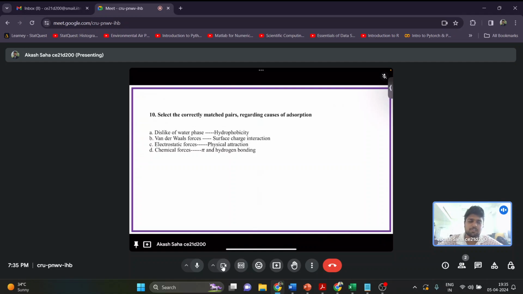So these are my four types of options given. So we have to see whether it is correctly matched or not. So please try to think about the correct option.